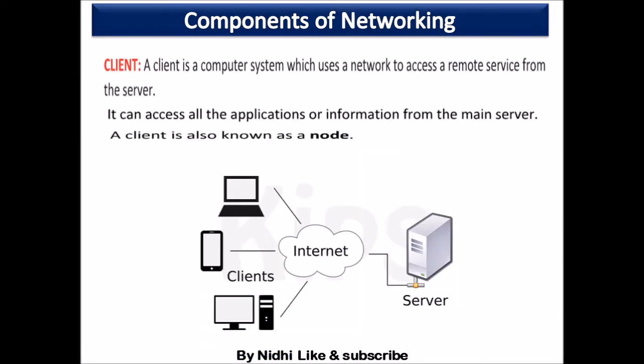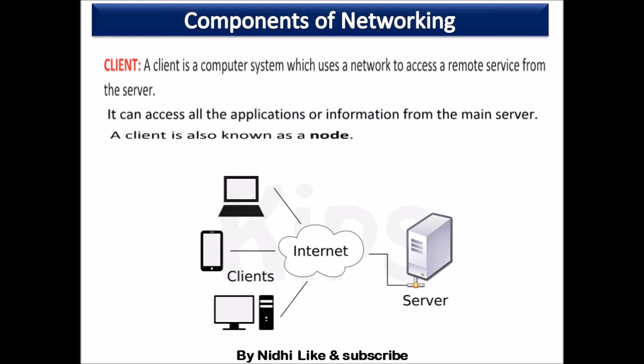Next is client. A client is a computer through which we make a request, which uses a network to access a remote service from the server. Now it can access all the applications or information from the main server. A client is known as a node.